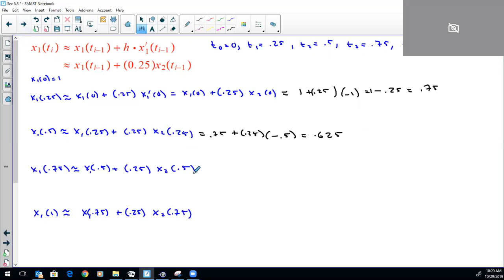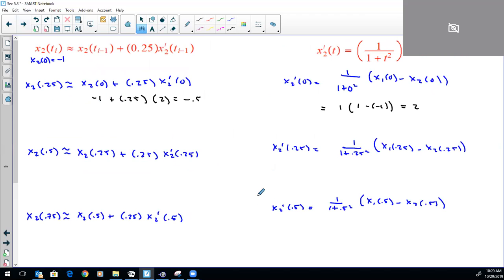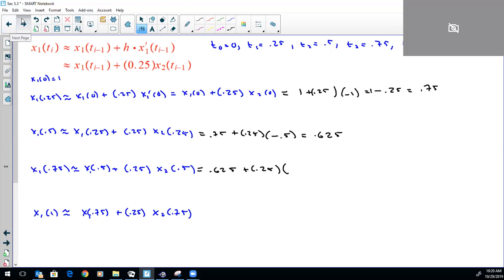Now the next one we need to know is this: 0.625 plus 0.25 times whatever this thing is, x2 of 0.5. Okay. So for x2 of 0.5, I need to know what x2 prime of 0.25 is. Okay, so this is 1 over 1 plus 0.25 squared, x1 of 0.25, back up here, x1 of 0.25 is 0.75.